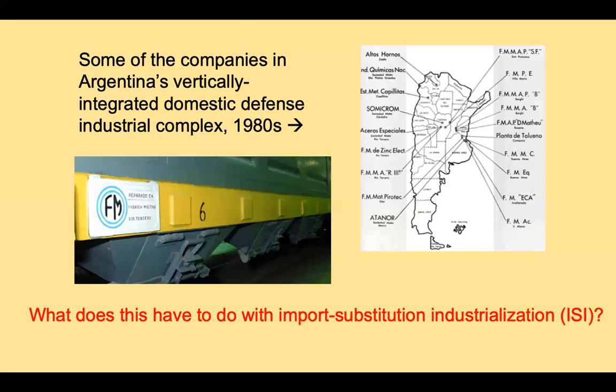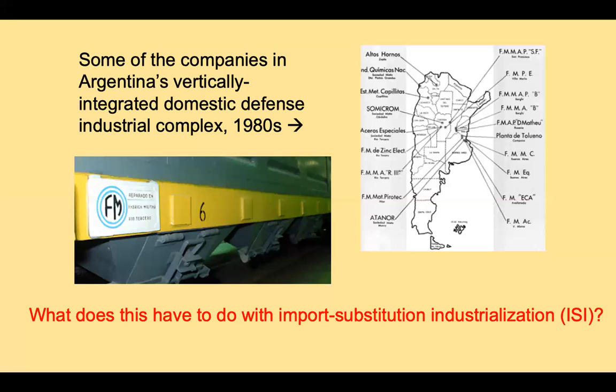I'm especially thinking about those of you in economics. Is there anything natural about the military owning and managing huge capital enterprises? That's not at all natural. That doesn't follow from the classical economic playbook.